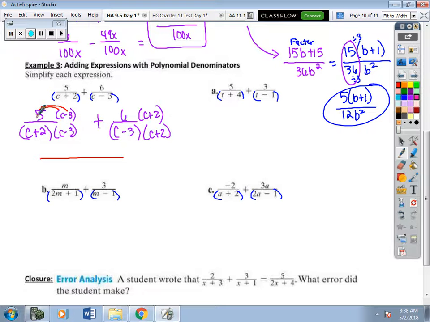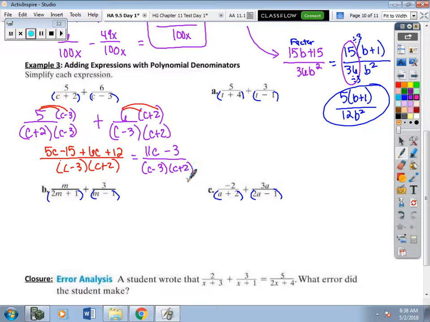So this will be 5c minus 15 plus 6c plus 12, make sure you distribute, all over our denominator, that's common, c minus 3 times c plus 2. And then we can combine our like terms to get 11c minus 3. You do not need to FOIL the denominator, so just leave it factored.